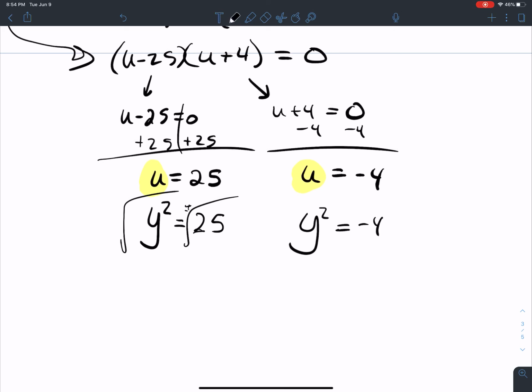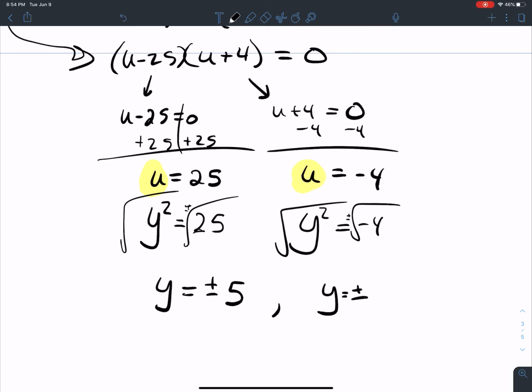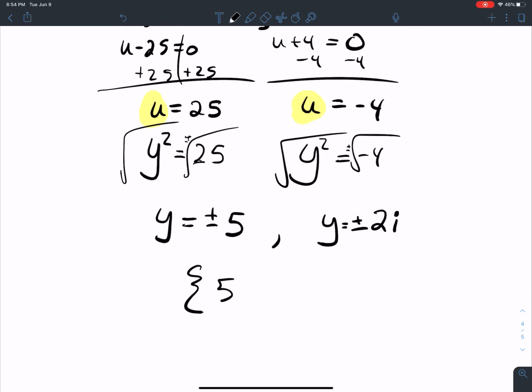Square root of 25 is 5, so y is equal to plus or minus 5, and y is equal to, well, square root of a negative number. A negative number is going to get me what? It's going to get me i, and square root of 4 is 2, so 2i. So my solutions are 5 and negative 5, 2i and negative 2i.